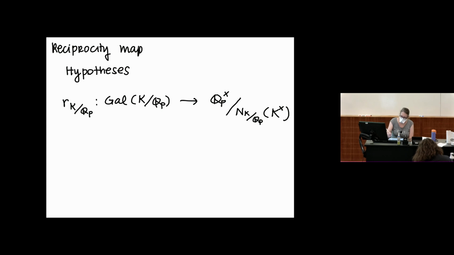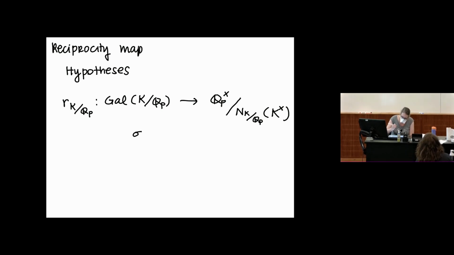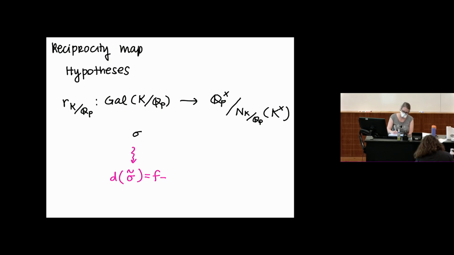And so if I have a Galois element here, I have a way to create like my little sigma tilde, and the grade that I assign to this sigma tilde is the residue field extension degree of some field capital sigma.